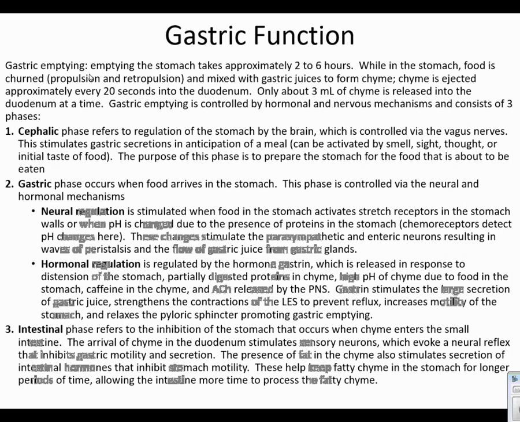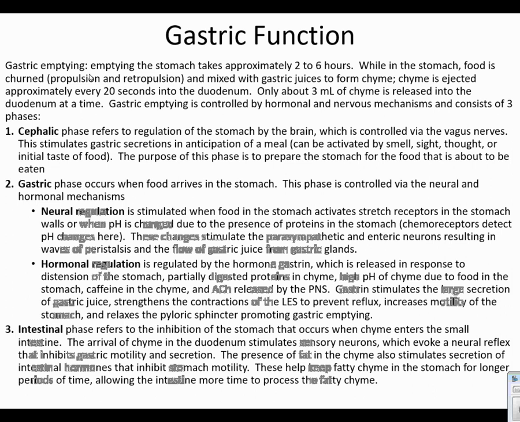Once again, we know the vagus nerves are the major output of the parasympathetic nervous system. So this is a parasympathetic response that stimulates the secretion of gastric juice before food even reaches the stomach. So it can be triggered by the smell of food, the sight of food, just thinking about food.